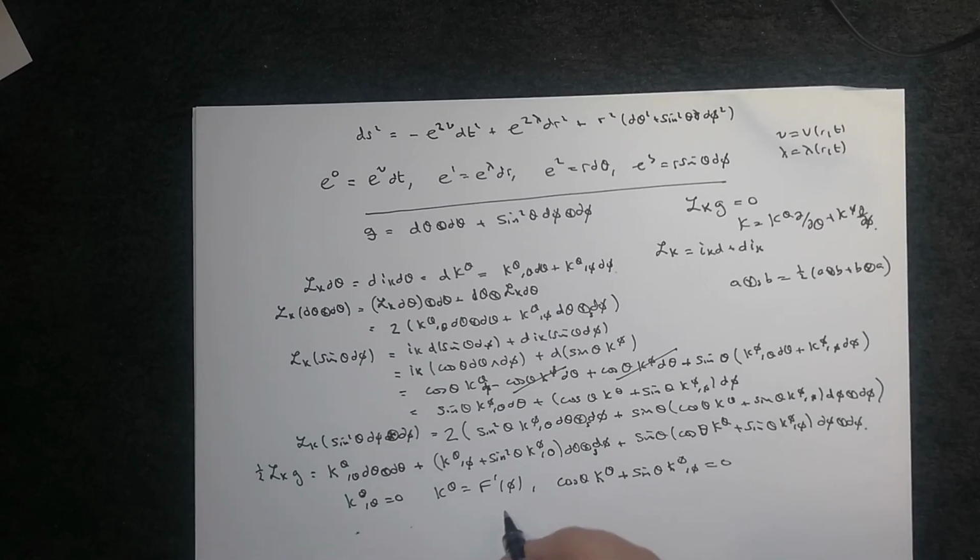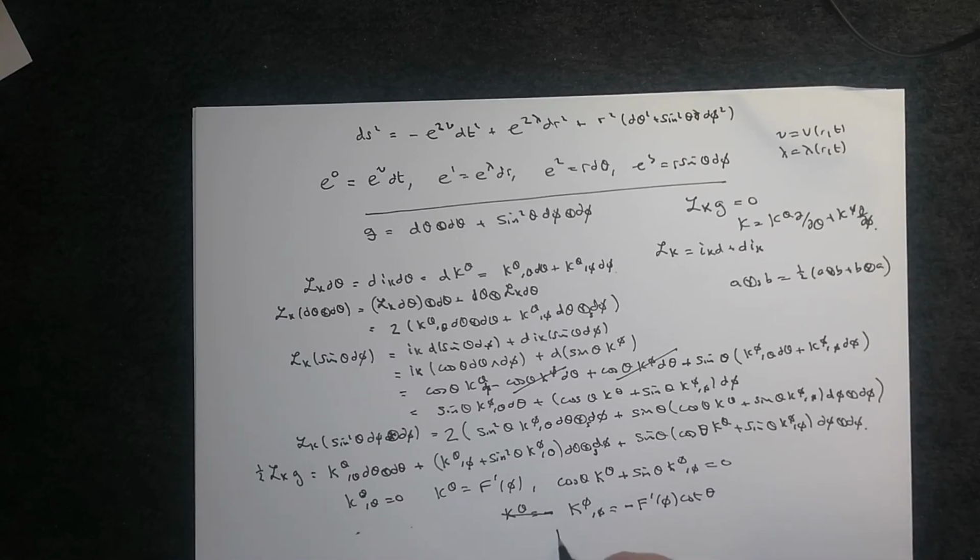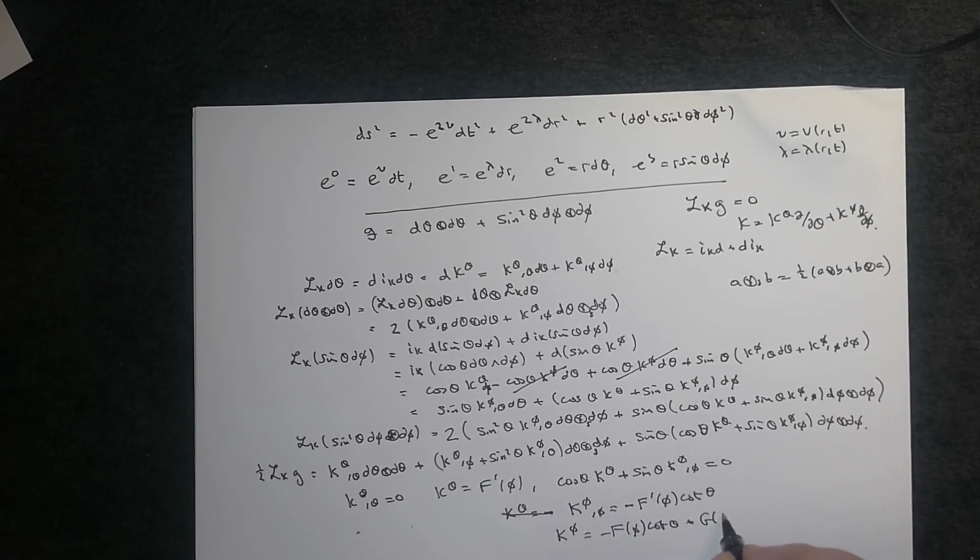Or in other words, k theta is minus f prime of phi, and k phi phi is minus f prime of phi cot theta. So k phi is minus f of phi cot theta plus g of theta, integrating up.